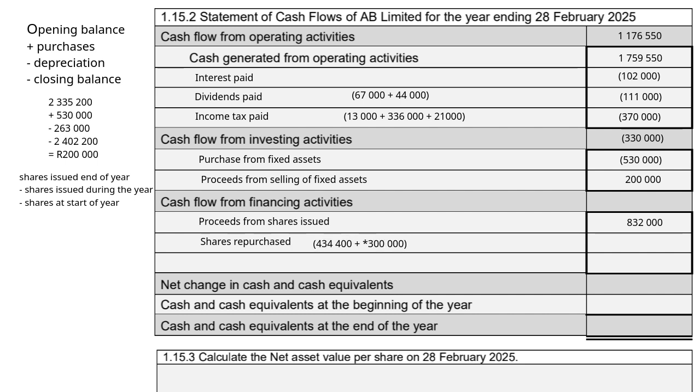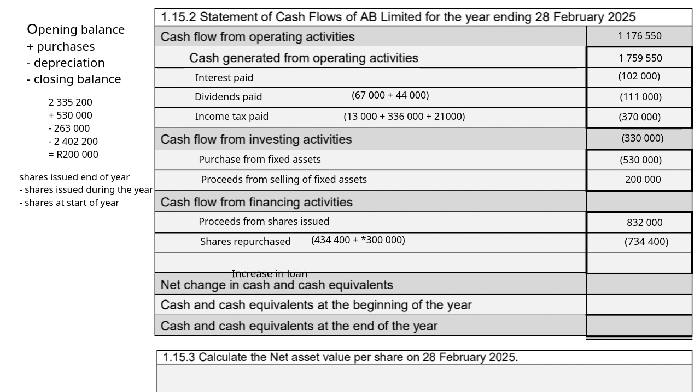So our shares repurchased is the 434,400 Rand plus the 300,000 Rand that we worked out in our calculations in the retained earnings previously. So then we have a total for our shares repurchased as a negative figure, 734,400 Rand, because it's an outflow of cash.